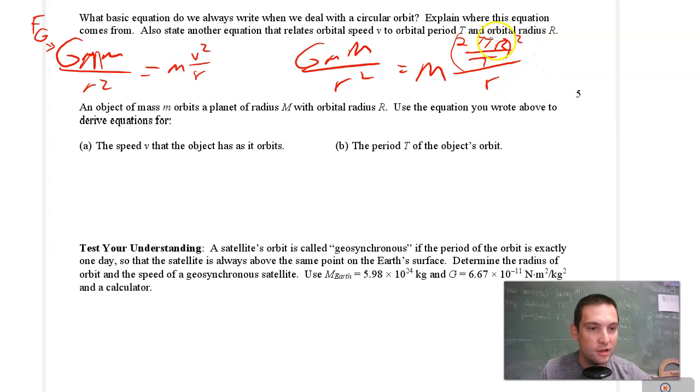So it becomes 4 pi r squared over T squared divided by r. This right here, we can pull out that period, and when we solve for this, we get that relationship where T squared is going to be proportional to r cubed. This is Kepler's third law of planetary motion.